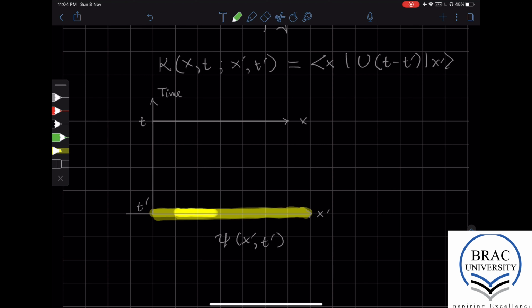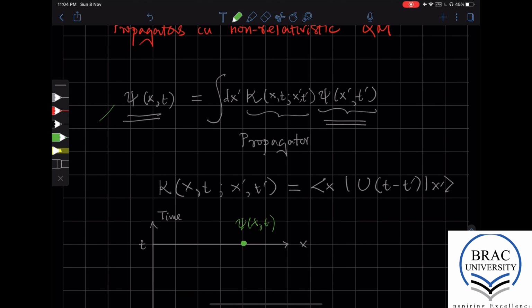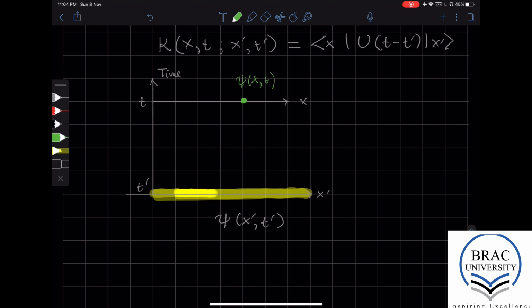And so what we want to know is what is the value of the wave function at some future time t and at some spatial point x. So we want to know what psi of x, t is. And what this equation is telling us is that the value of the wave function at a future time will depend on this initial data, as well as how the system propagates forward in time.